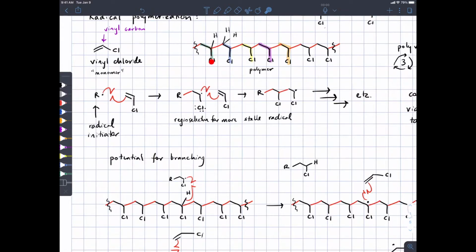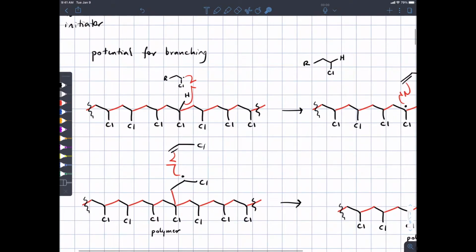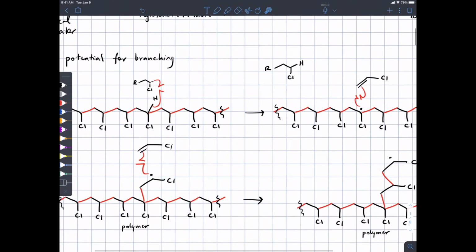You've got the carbon attached to the chloride and then the CH2 group that's in between places where the chloride is. A radical will selectively remove a hydrogen from a carbon adjacent to a chlorine to generate the more stable radical versus the other possibility where the radical would be there. And this happens in an uncontrolled way with some frequency.